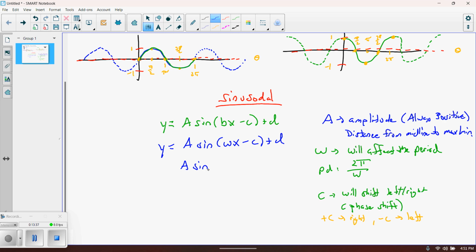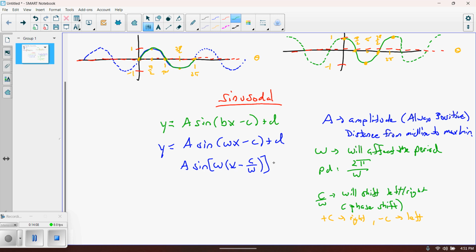It'll be the sine of, and then you'll factor the omega out, x minus, and then technically, the other part would be C over omega, because you factored it out of there. So all of this is still part of the angle of sine. That omega times x minus C over omega. Where really, and I'm going to fix this part, it's C over omega that's going to end up being your shift.